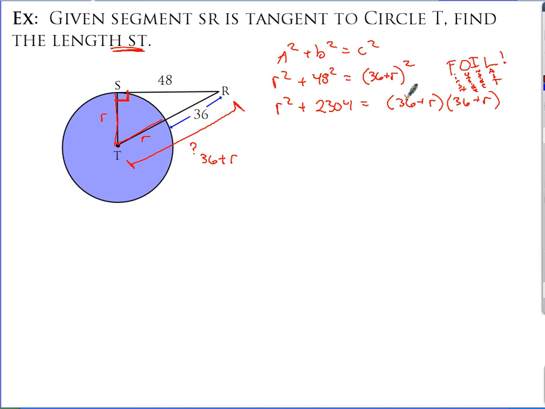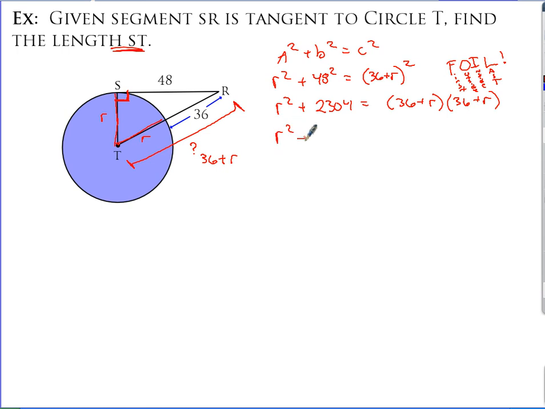So we'd have to distribute, but we have two things here, so we have to distribute twice. Does that make sense? We all know the distributive property, right? You just multiply it by both things. So now we have to distribute 36 times 36 and 36 times R. And then we have to do R times 36 and R times R. So this is where you get FOIL. First, outside, inside, last.